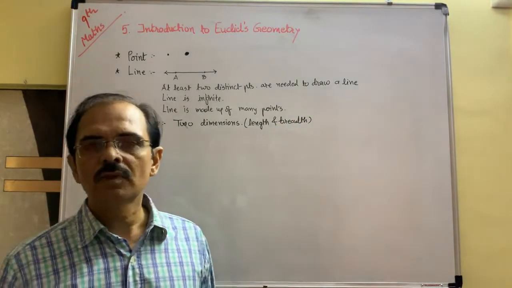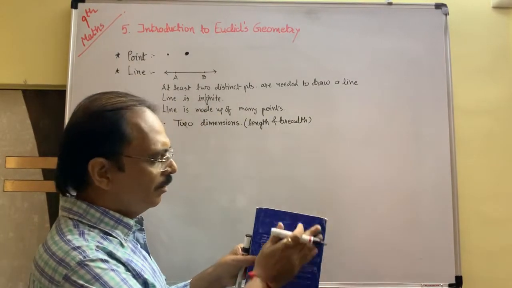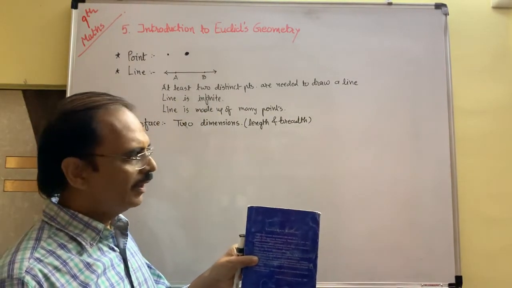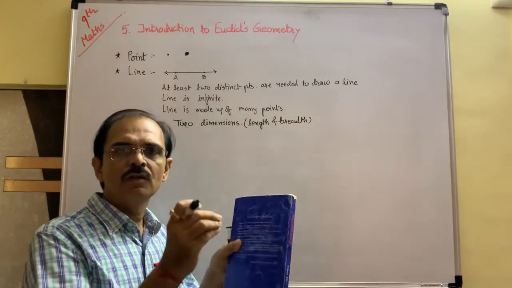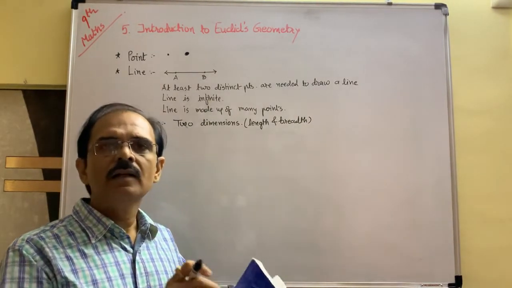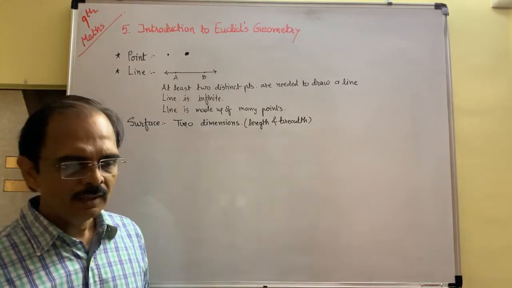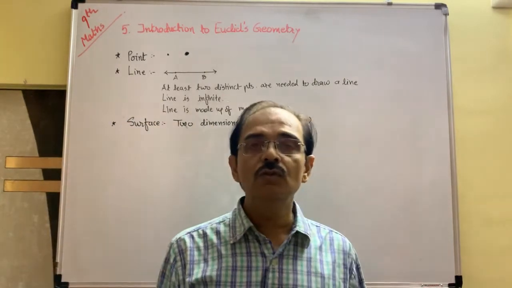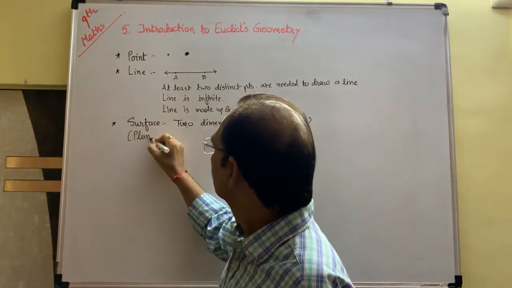In the surface, this is the page. This is called surface. So on this surface you can place a point, you can draw a line, line segment, ray, angle, etc. Okay? So surface is also known as plane.